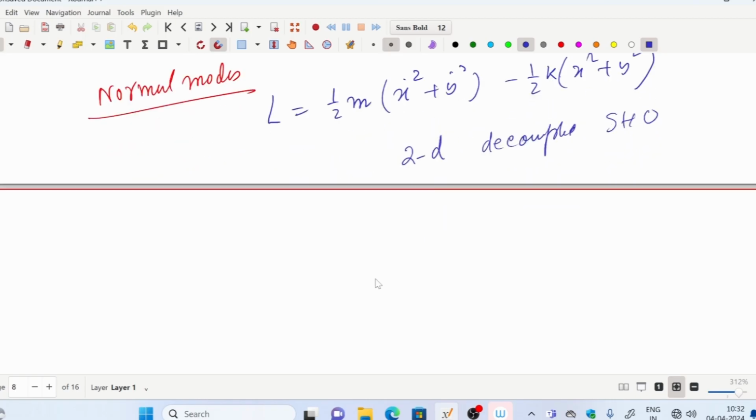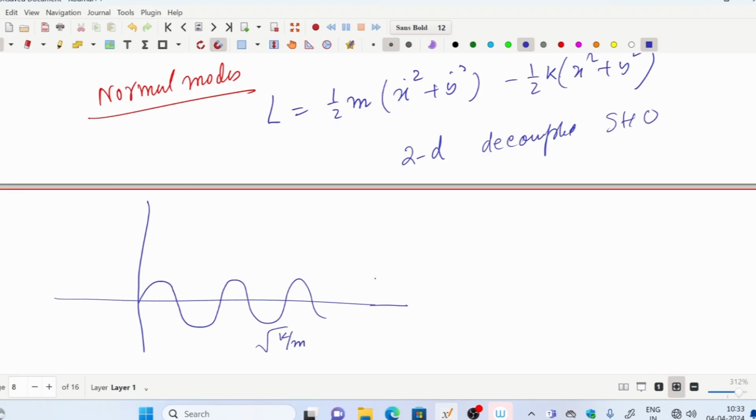That means if I draw the axes x and y, you will have an oscillatory motion along the x direction with frequency root k by m. Similarly, you will have oscillatory motion along the y direction with root k by m, and they are completely independent. That is why I wrote decoupled. If I change the oscillation in the x direction, it will not do anything to the y direction. So they don't talk to each other, they are decoupled, and you can call them normal modes.